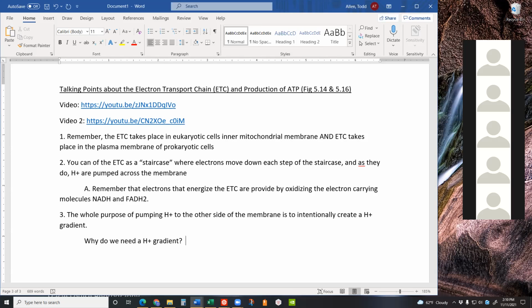Why do we need a hydrogen ion gradient? Because the machinery of the cell evolved. Cells evolved machinery to use the motion of hydrogen ions back across the membrane to actually manufacture ATP. Okay, in the video, I think the narrator mentioned a hydroelectric dam.